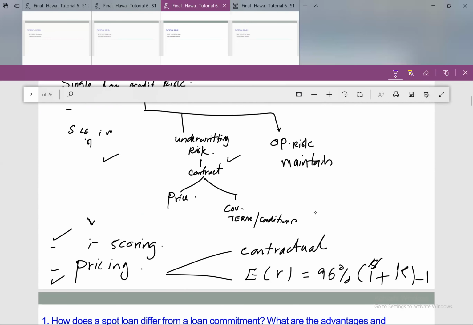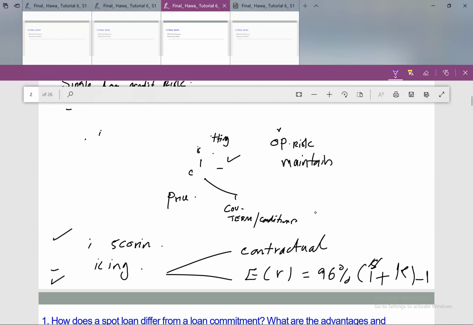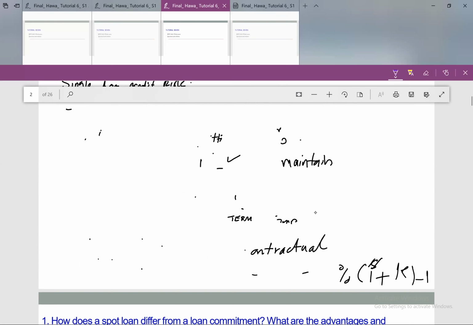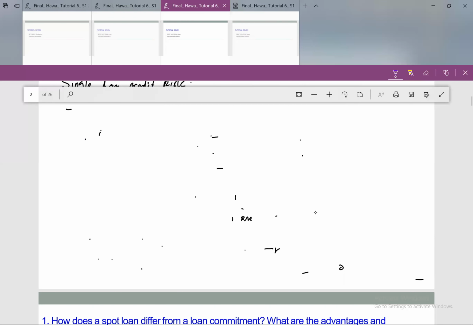Let me just take some space here. We want to understand issues like spot loans.